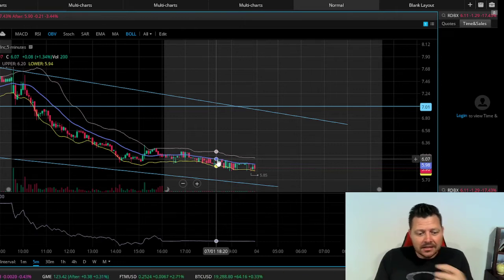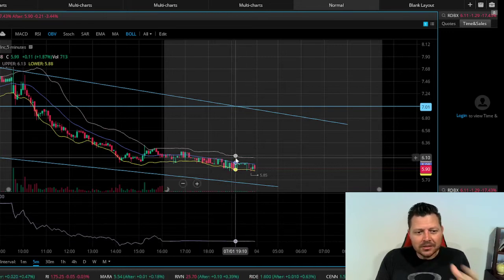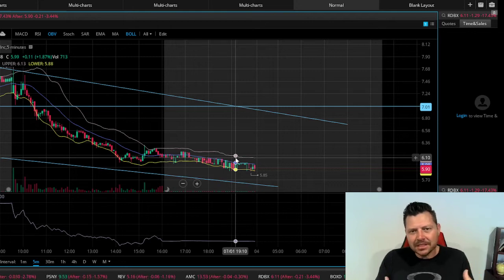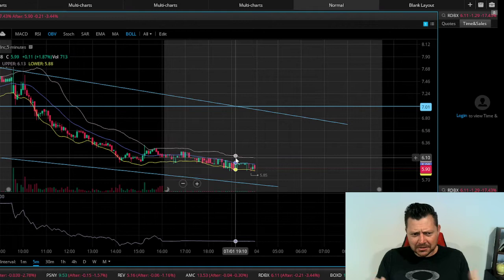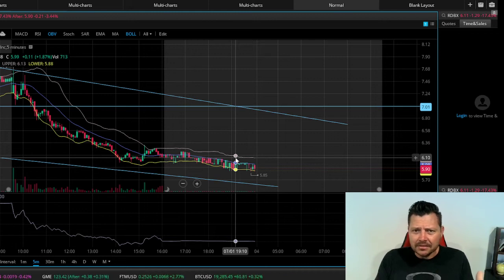I would say if you wanted to combine the OBV with this, that would be a good indicator because a lot of people do use it, and you need to use something that other traders are looking at, because if you're using some obscure trading technique or pattern that maybe only you and 10 people know about, that has nothing to do with what's actually going on in the charts.